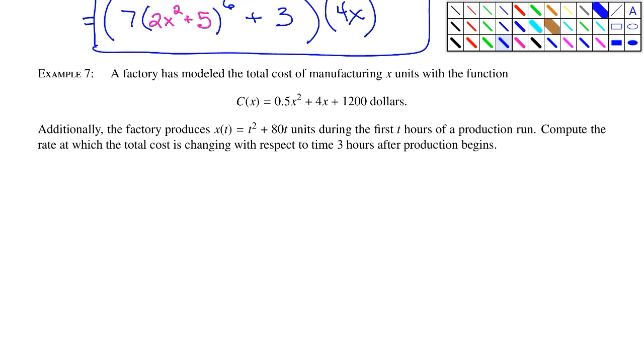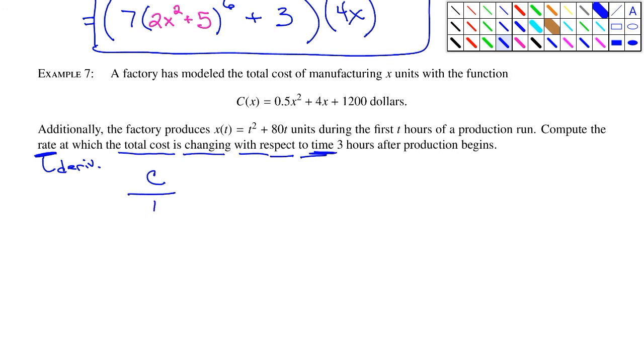Let's analyze. The question is asking to compute the rate, so that means derivative, at which the total cost, which is C, is changing with respect to. With respect to is key about what goes on top and what goes on bottom. So total cost goes on top because it was first, is changing with respect to time.